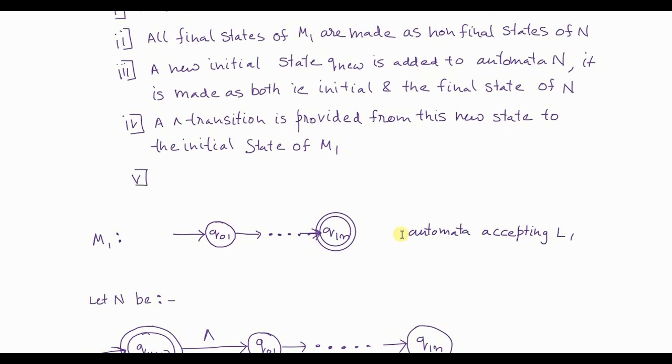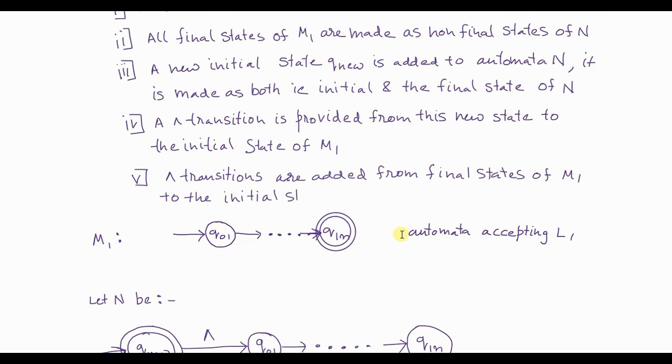Each step: null transitions are added from final states of M1 to the initial state of N. So last point, null transitions are added from the final states of M1 to the initial state of N.